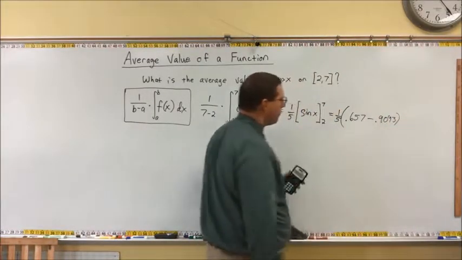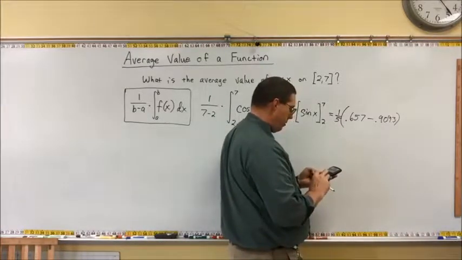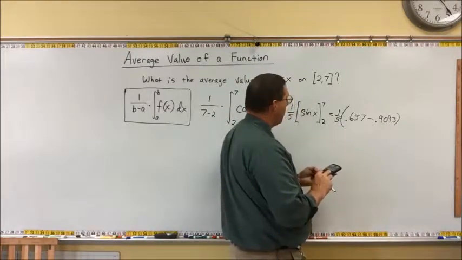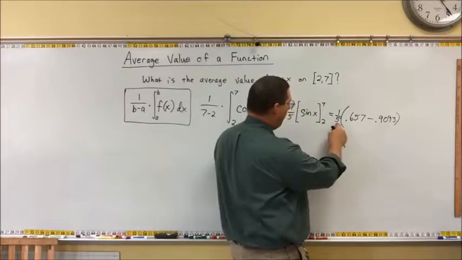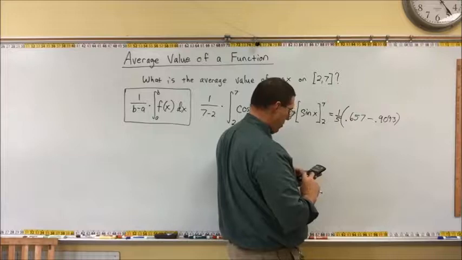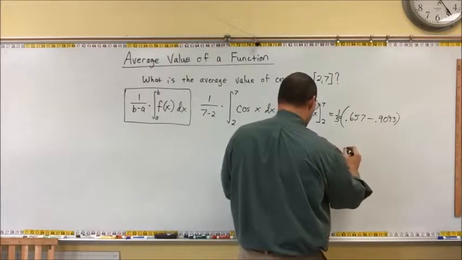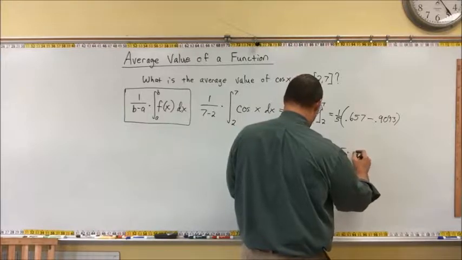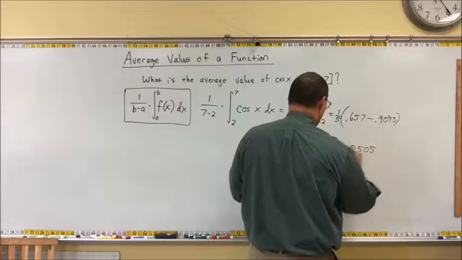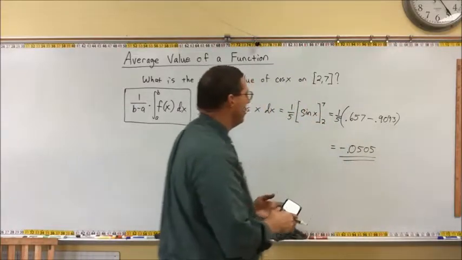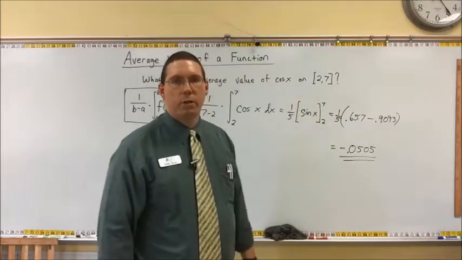And now, 0.657 minus 0.9093. Then I'm going to divide it by 5. And I get negative 0.0505. That is the average value of cosine of x on the interval from 2 to 7.